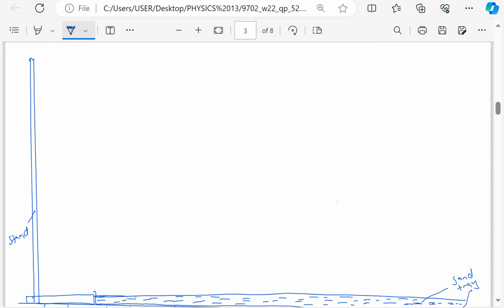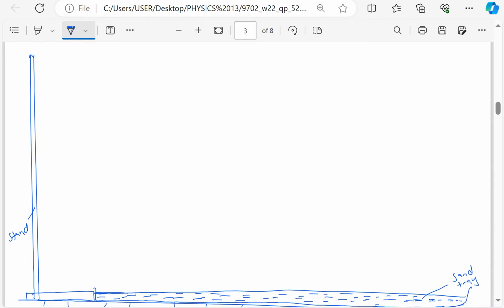Okay, so now I'm going to put a ruler. I want to clamp a ruler behind, on the other side. Let me draw whatever is on this side. I'll first draw the copper sheet here.